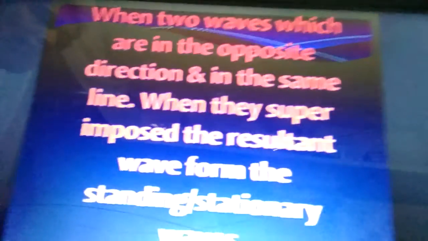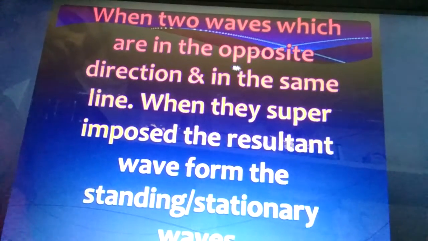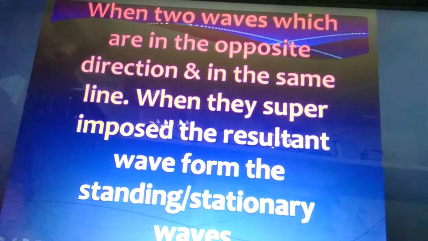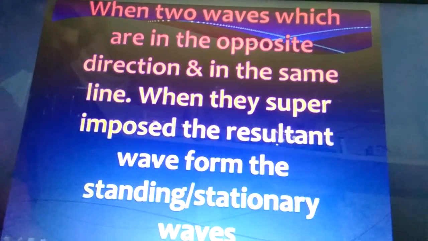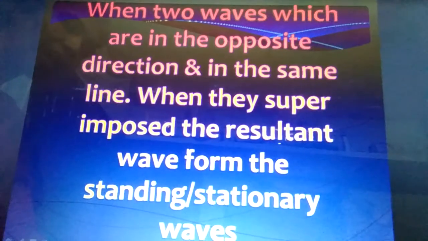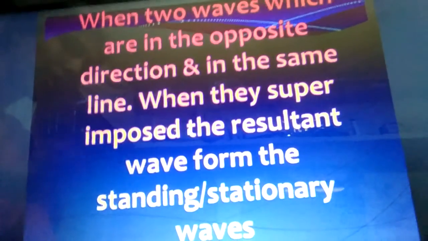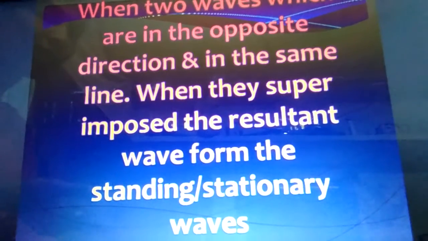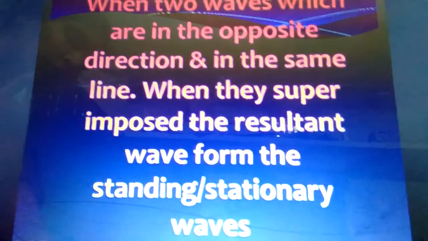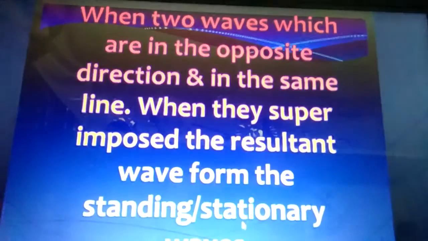Stationary waves means when two waves in the opposite direction and in the same line are superimposed, the resultant wave forms the standing wave or stationary wave. The waves travel into the closed pipe, then are reflected at the other end, and the reflected wave superimposes with the incoming wave. The resultant wave is called a stationary wave.